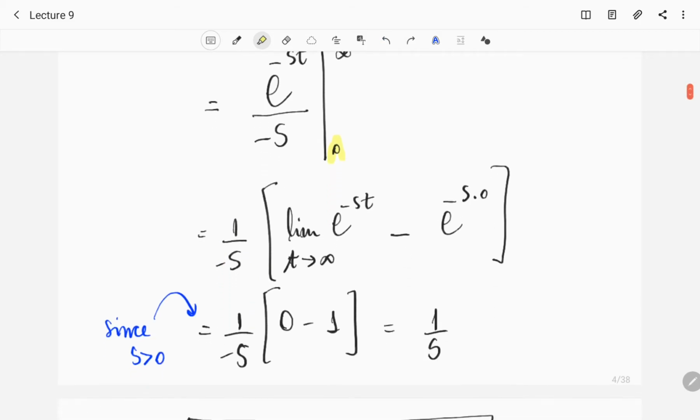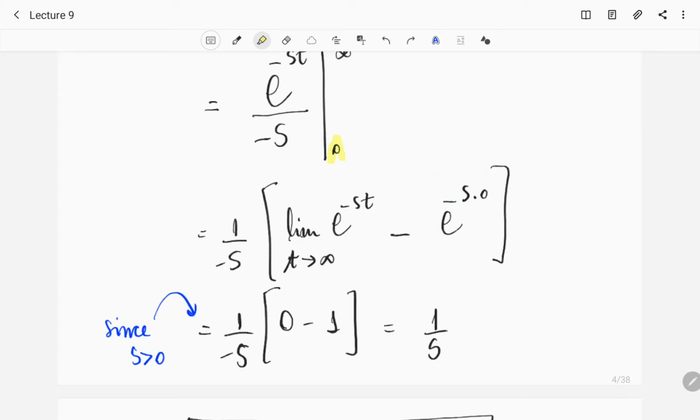So the limit of this function is 0. You can compute that, you can check that. And it's important here that we are using the sign of this parameter s, because s is positive, okay? And this number is just 1.